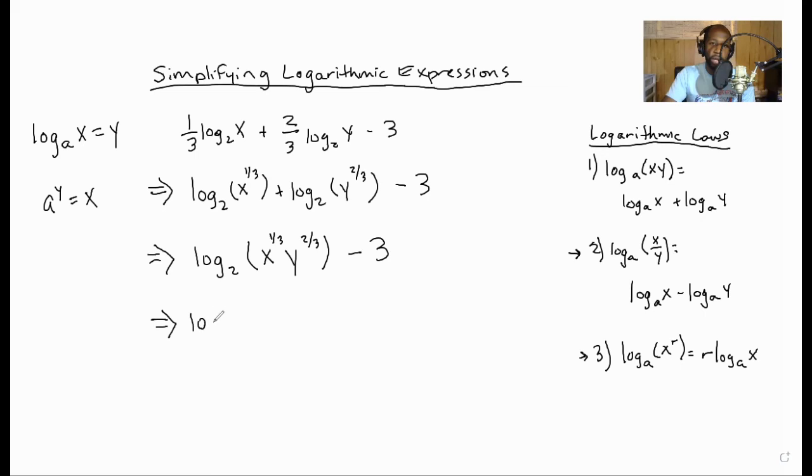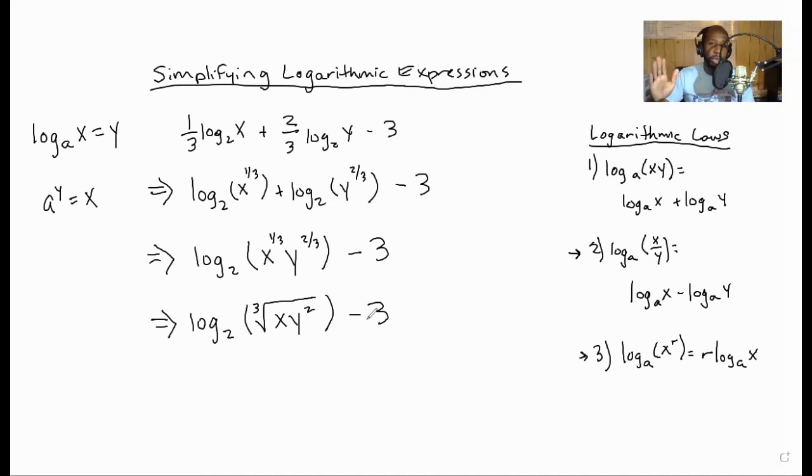So this becomes log base 2 of the cube root of x, y squared. Because again, the cube root of x is the same as x to the 1/3. The cube root of y squared is the same thing as y to the 2/3. Close that, all that minus 3. Okay, and so that's pretty much it.